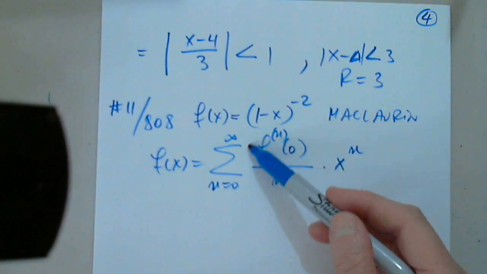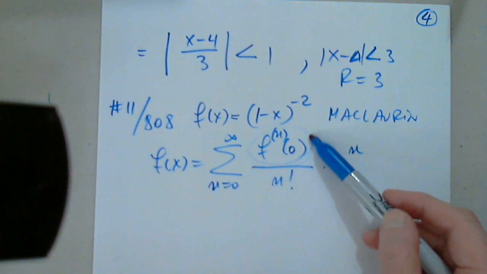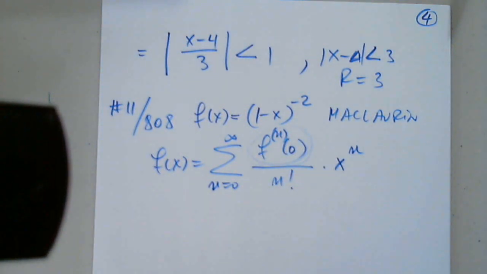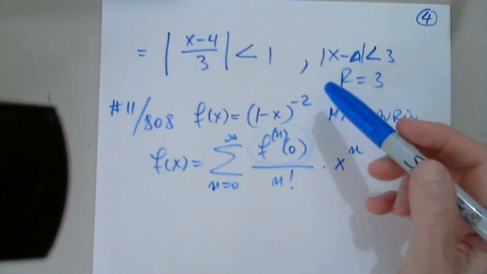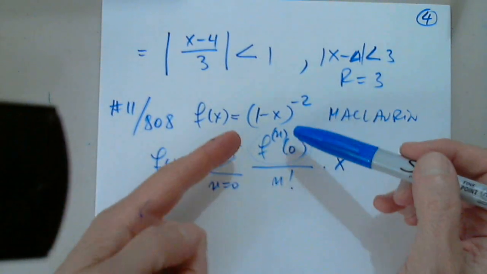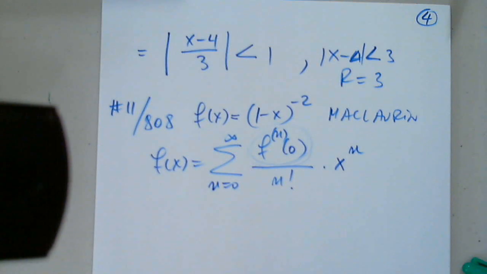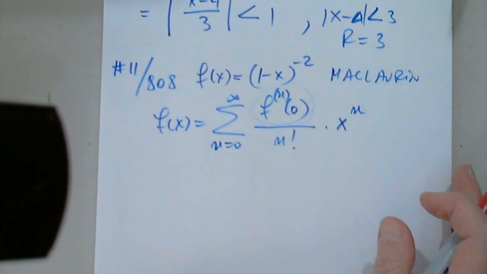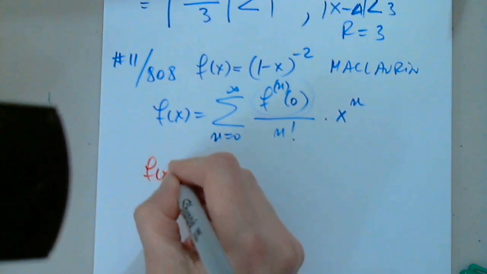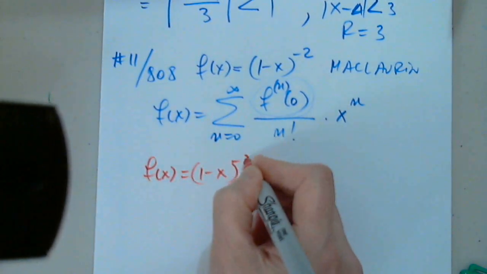All we need to determine is this piece. This is what we do not have. In order to determine that, I have to analyze this function and find its derivatives till the nth one. So let's start slowly with the function, which is this. I'm going to copy it again. So f of x equals (1 minus x) to negative 2.